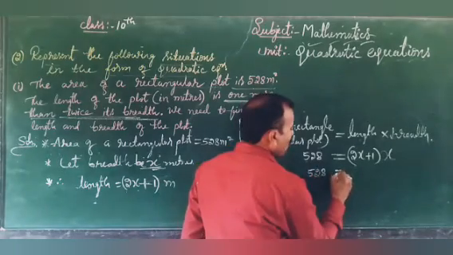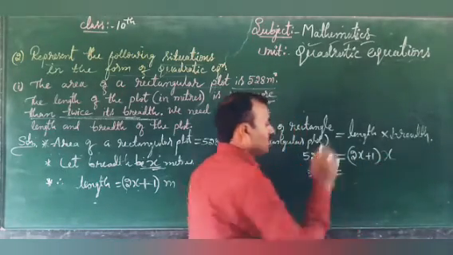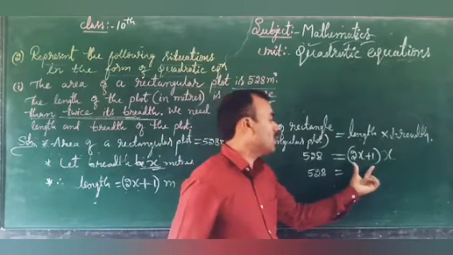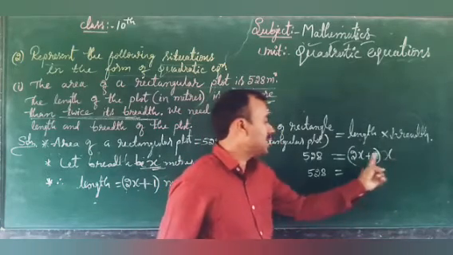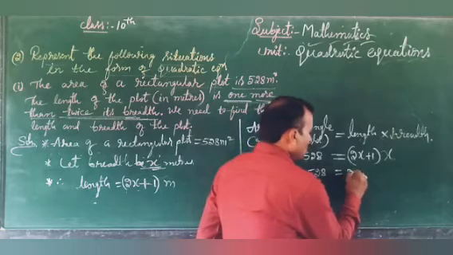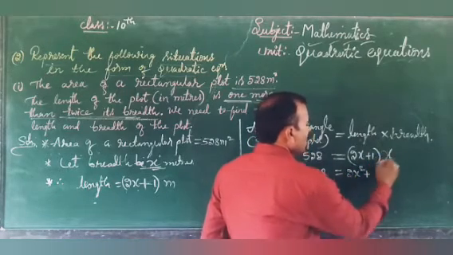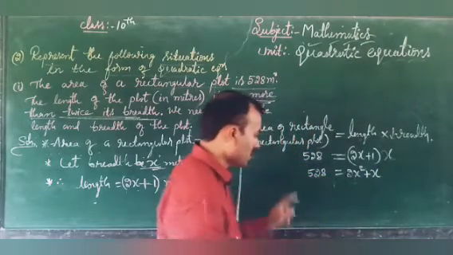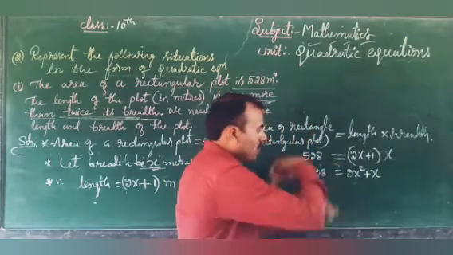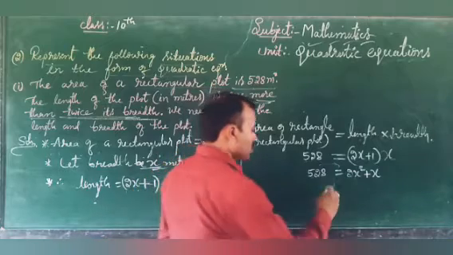528 equals, taking the multiplication, binomial into monomial, x into 2x, 2x square, plus 1 into x. Just transpose 528 to the RHS.